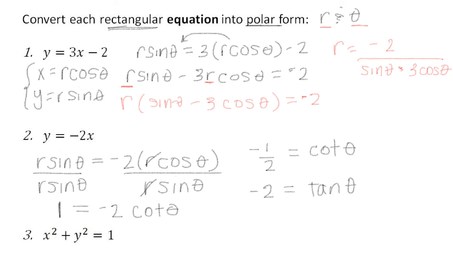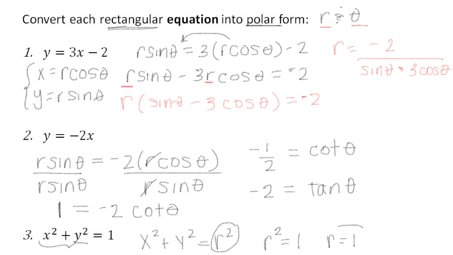All right, now looking at number 3. We have x squared plus y squared equals 1, but we also know that x squared plus y squared is also equal to r squared, isn't it? So we can make that substitution and say that's really r squared equals 1, or r equals 1.